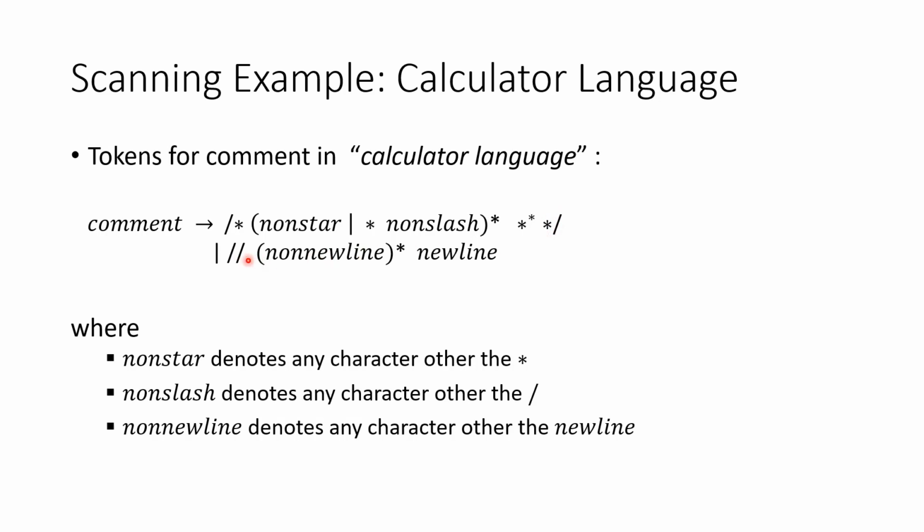And the second style is just the end-of-line comments, which starts with a double forward slash. So here non-star denotes any character other than the asterisk, and non-slash denotes any character other than the forward slash, and non-newline denotes any character other than the newline character, and newline just denotes the newline character.